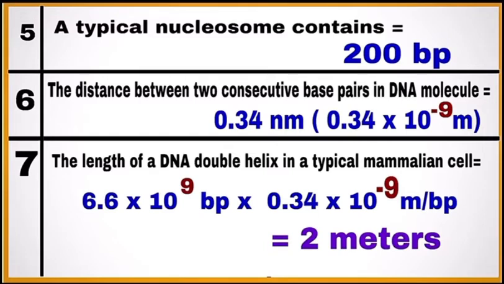After multiplying these two values, the length of DNA double helix will come out to be 2 meters. Look at the multiplication here, 10^9 and 10^-9 cancel, and by multiplying 6.6 with 0.34 we will get the answer 2 meters.